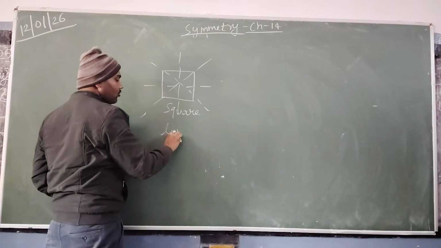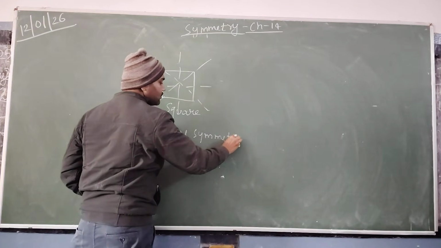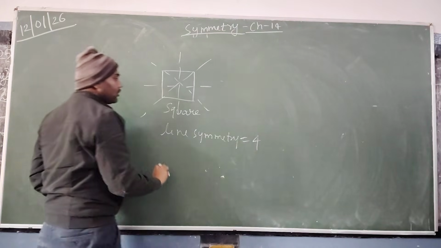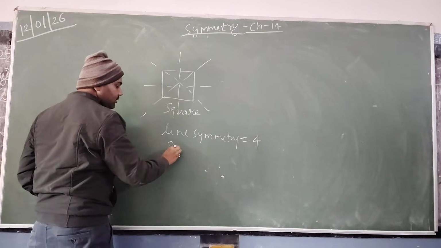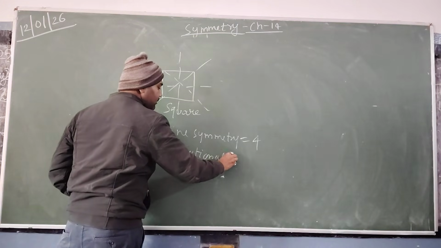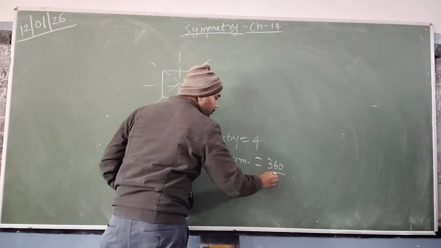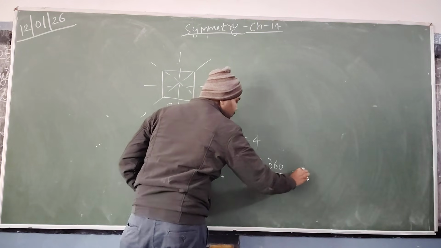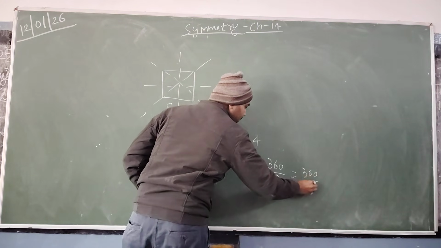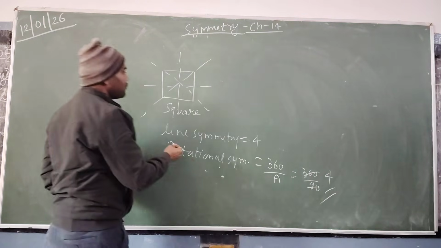So line symmetry, how many? 4. And rotational symmetry means 360 upon A, A is the angle. 360 upon 90, so 4. So again rotational symmetry will be 4.